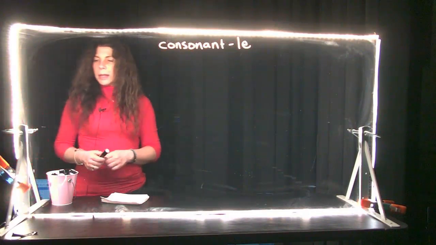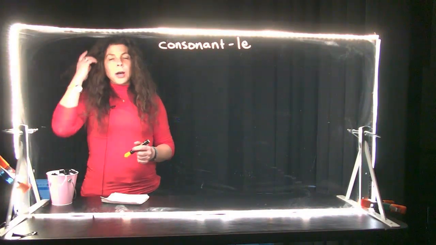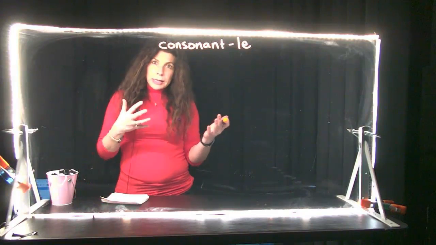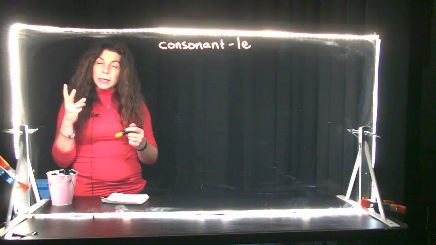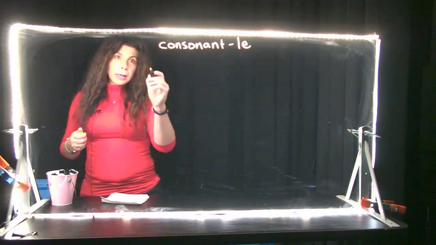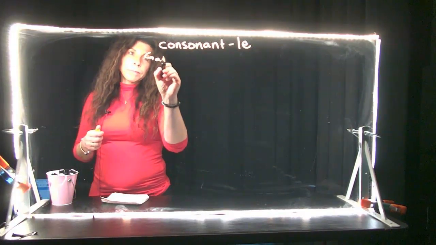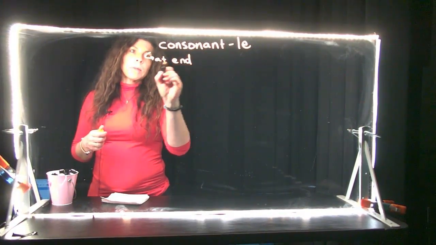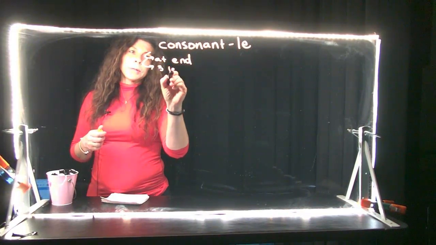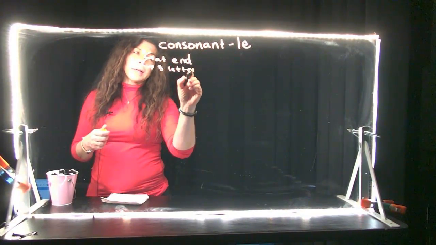So third grade, when we left off, we were talking about the consonant LE, right? So a couple things about the consonant LE. It only comes at the end, must be three letters, one consonant, and then the LE.